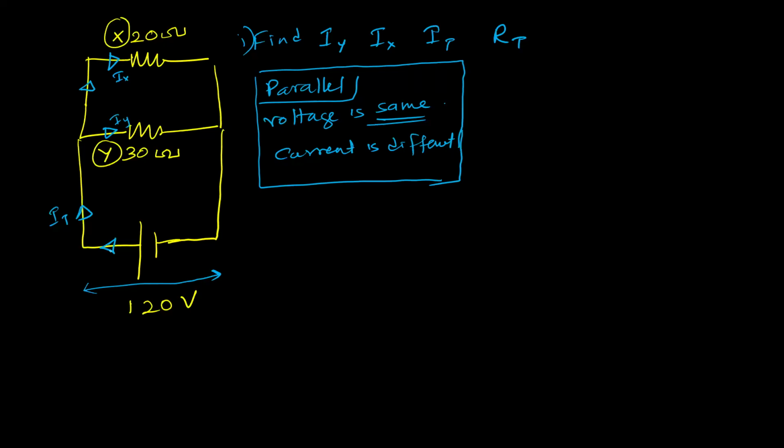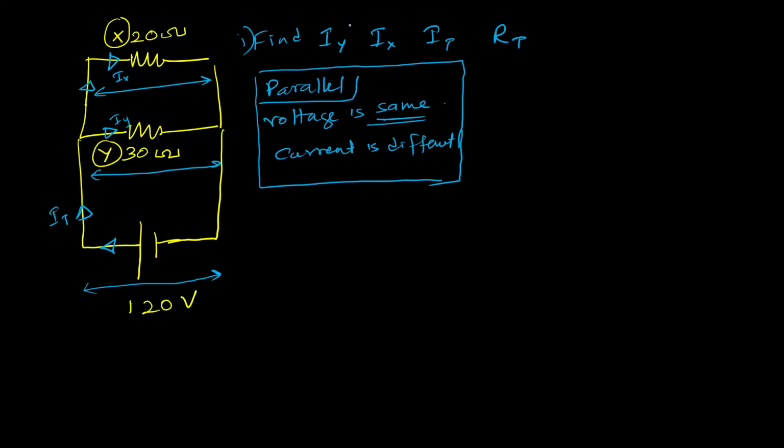Yes, so what happens is, if this battery's voltage is 120, this parallel one here also has voltage 120. It can't go beyond that. Maximum voltage here also 120. So it's very easy.